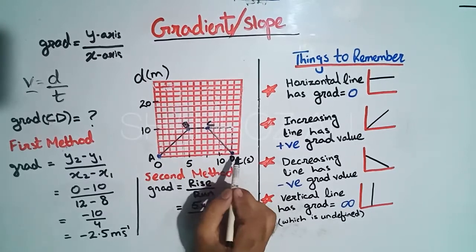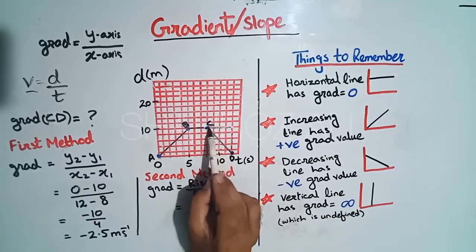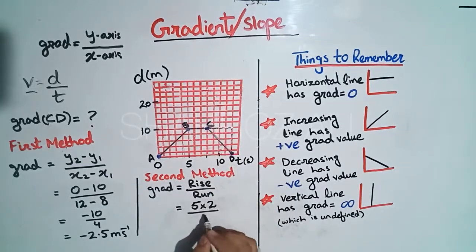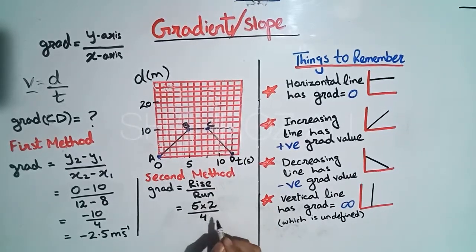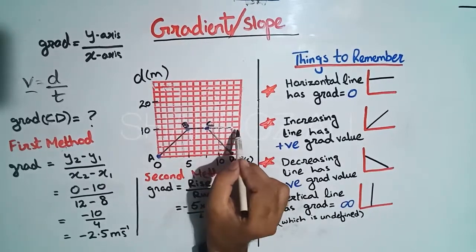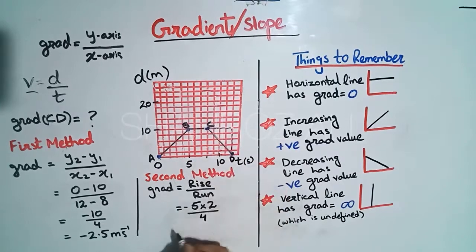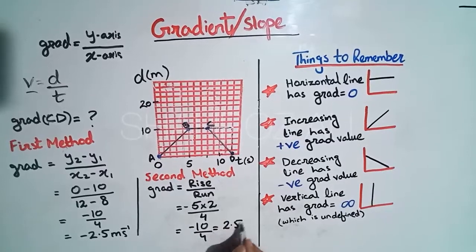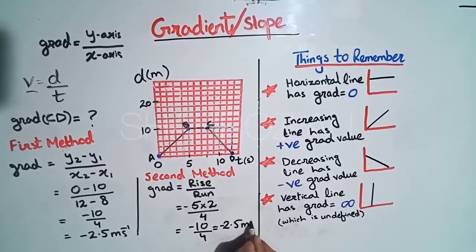Similarly, you have to calculate the run: 1 2 3 4. The run is 4, and you also write minus, because you are going in the downward direction. 5 2s are 10, so there will be minus 2.5 meter per second.